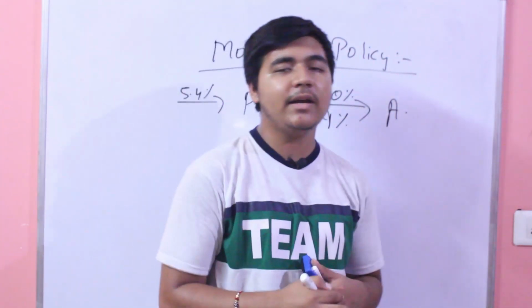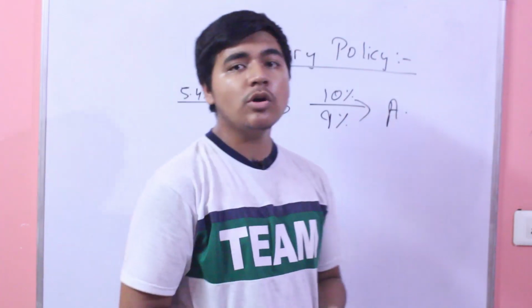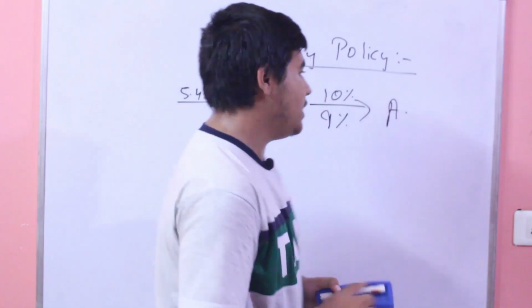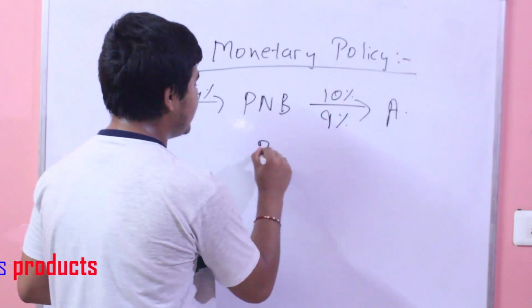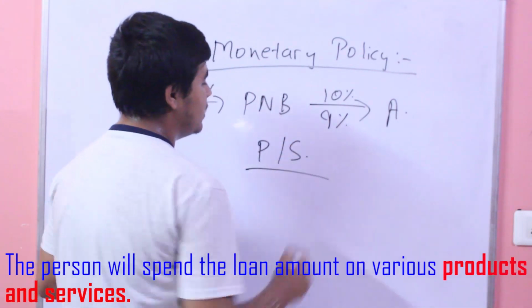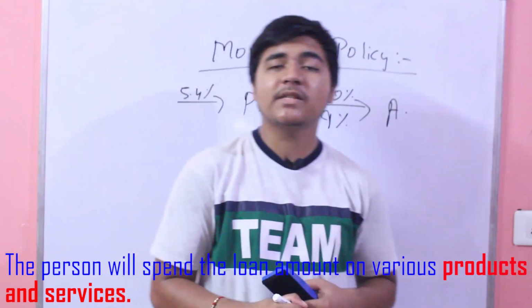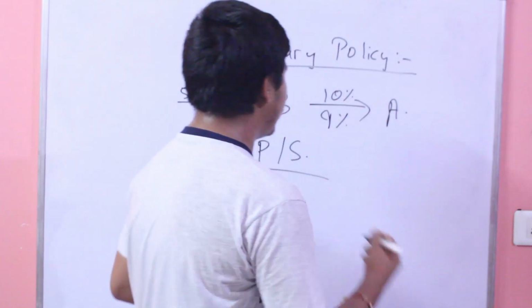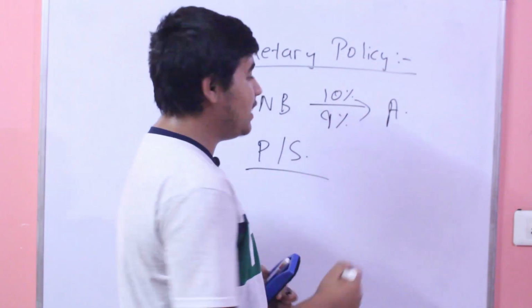I am taking it as an assumption. So what will the person do with the loan? He will spend the money basically on products and services. Now as the person will spend the money on products and services, the demand for products and services will increase in the market.